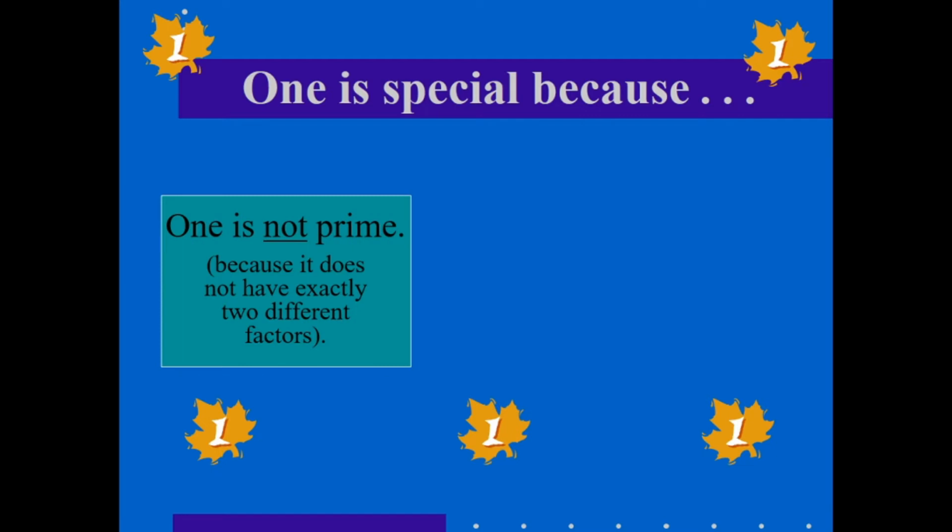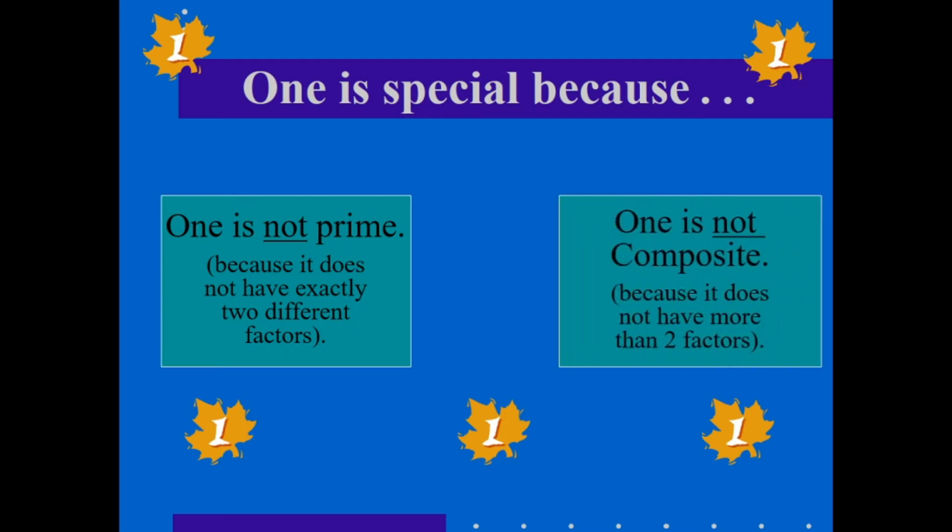Why? 1 is not a prime because it does not have exactly two different factors. At the same time, it is not a composite because it does not have more than two factors. It is special.